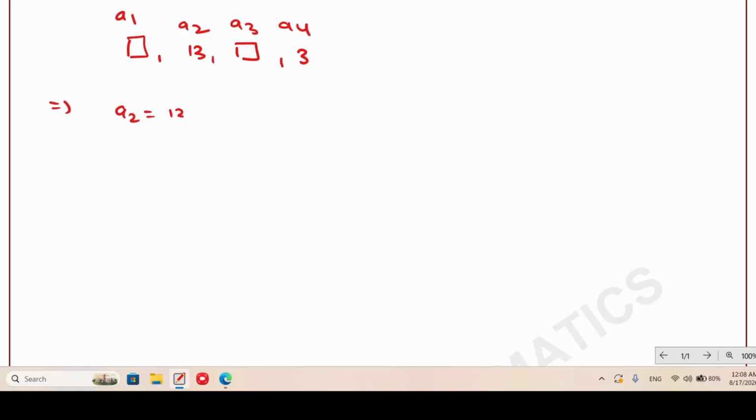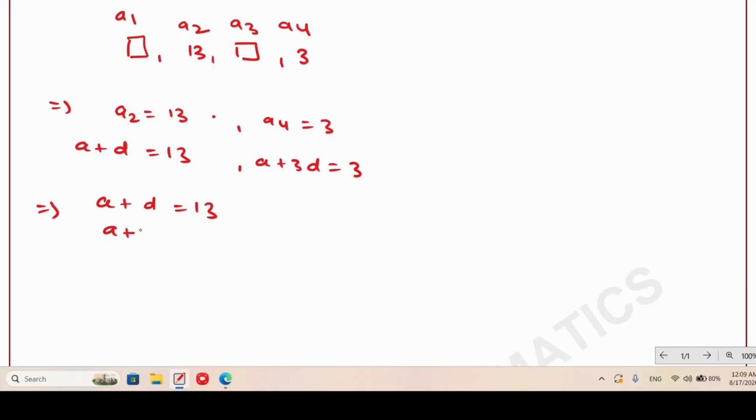A2 is 13 means A plus D is equal to 13, and A4 is equal to 3 means A plus 3D equals 3. So from first and second we'll see कि A plus D equals 13 and A plus 3D equals 3.